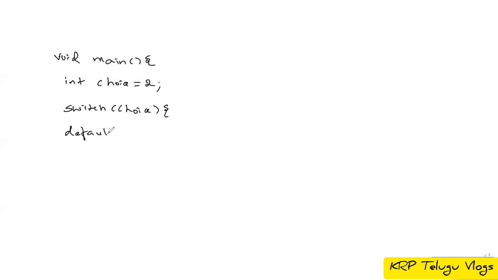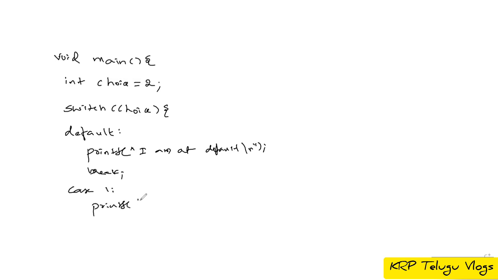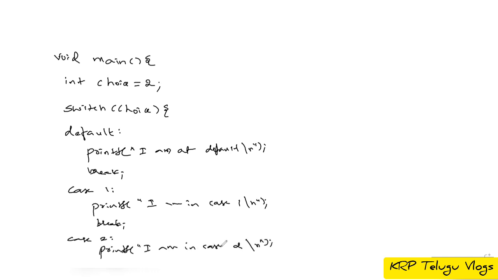Default: printf "I'm at default", break. Case 1: printf "I'm in case 1", break. Case 2: printf "I'm in case 2". So now what is the output?